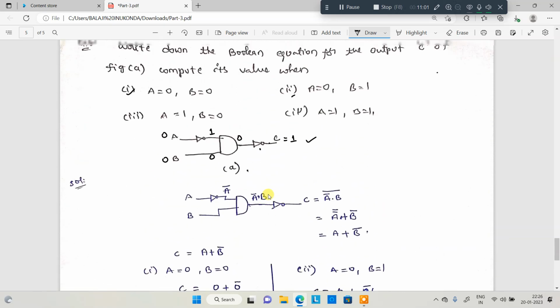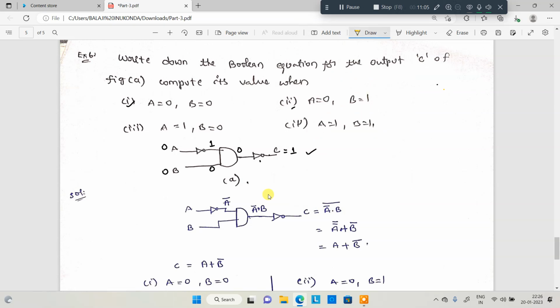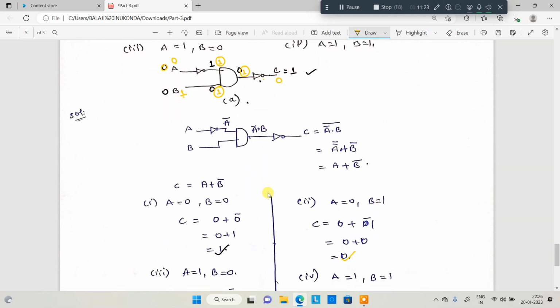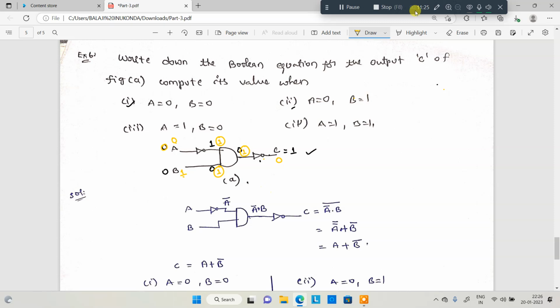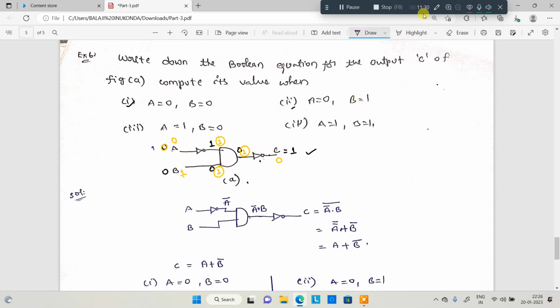Next, second. In the second case, it is 0, already it is there, it is 0, it is 1. Here 1 you will get, and 1 into 1, 1 only, 1 inversion, 0. Got my point? So the second option, 0. Third, in the third case, A is 1, B is 0, right?